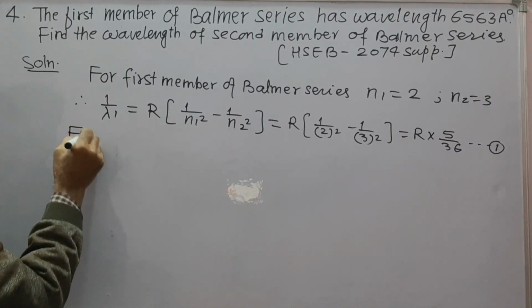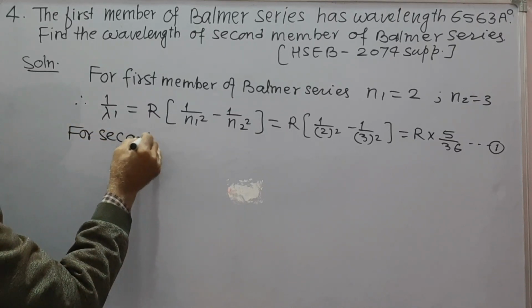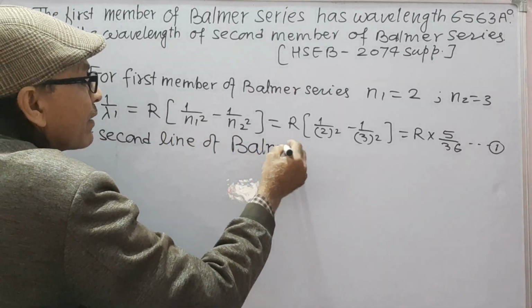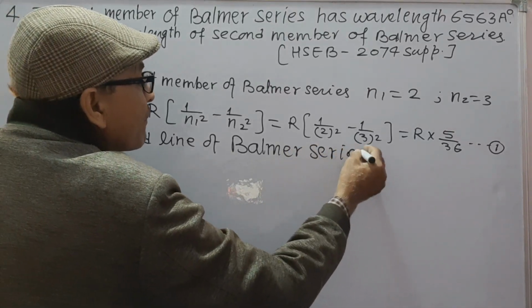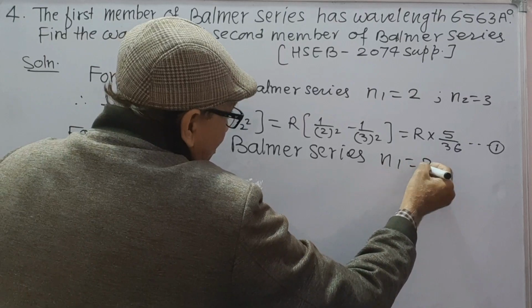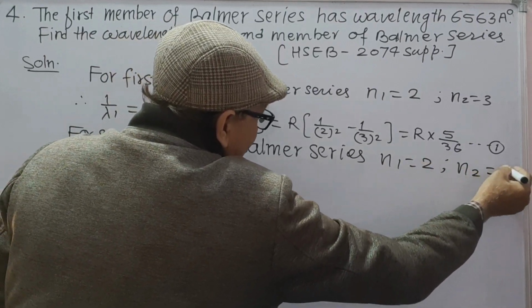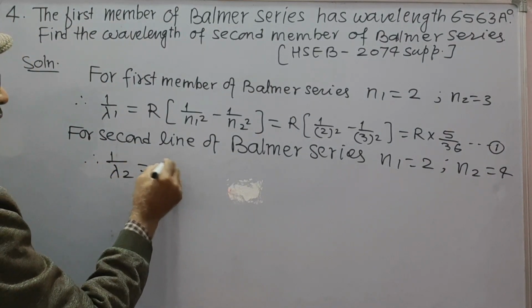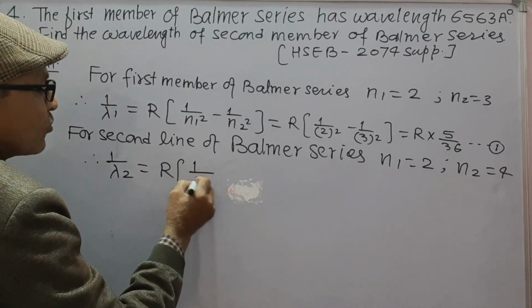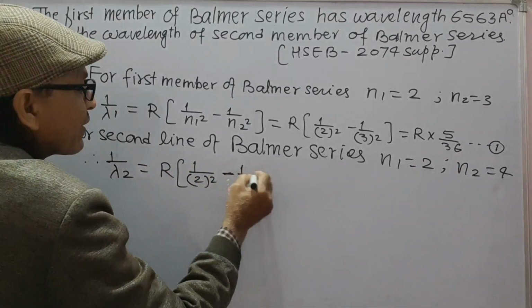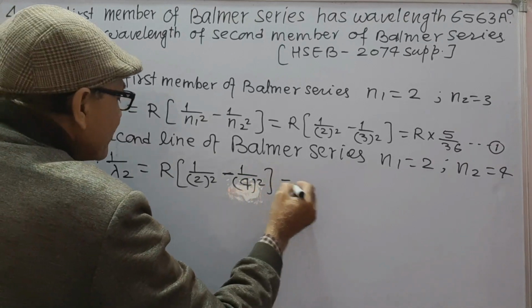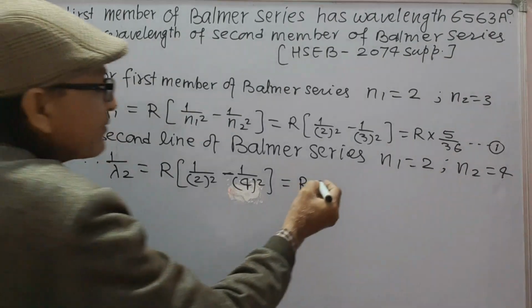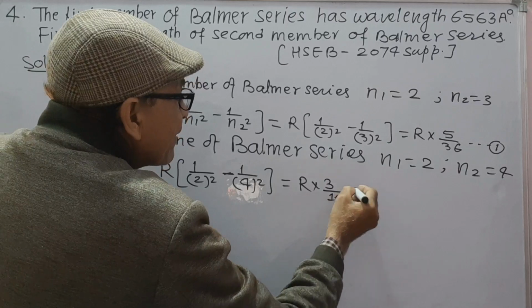Similarly, for the second line of Balmer series, n1 will be 2 and n2 will be 4. Therefore 1 upon lambda 2 will be equal to R into 1 upon 2 square minus 1 upon 4 square, which gives R into 3 upon 16. Call this equation 2.